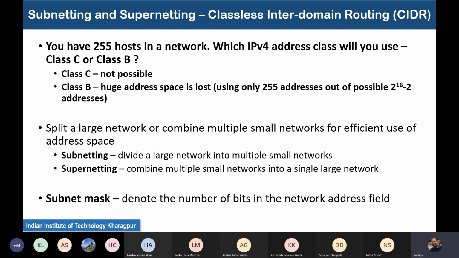You can combine multiple class C blocks together to have one single block. We use two different terms: one is called subnetting, another is called supernetting. In subnetting, we divide a large network into multiple small networks. In supernetting, we combine multiple small networks into a large network.